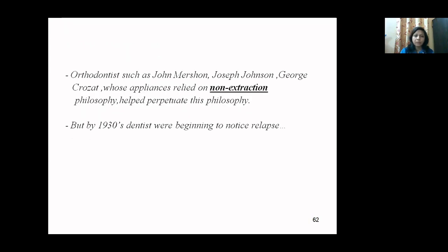Orthodontists such as John Merson, Joseph Johnson, and George Crozet, whose appliances relied on the non-extraction philosophy, helped to perpetuate it. But by the 1930s, dentists were beginning to notice relapse in cases treated by non-extraction.